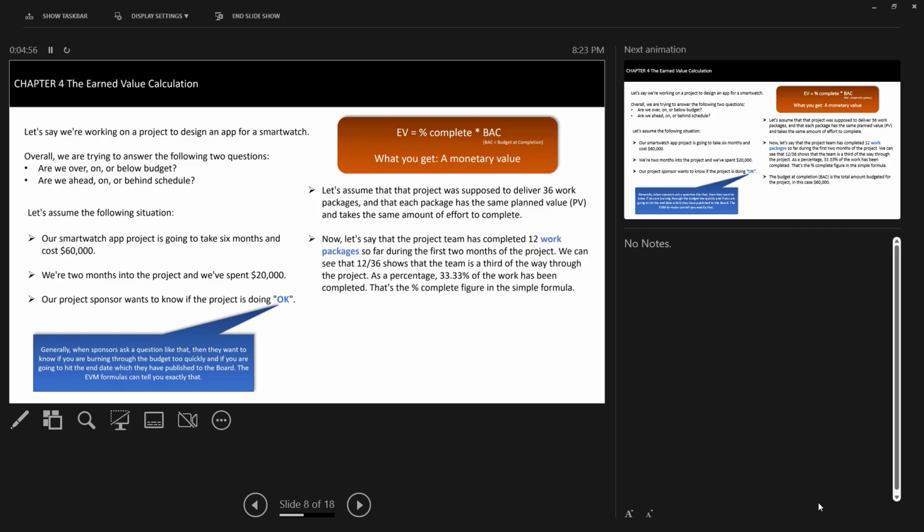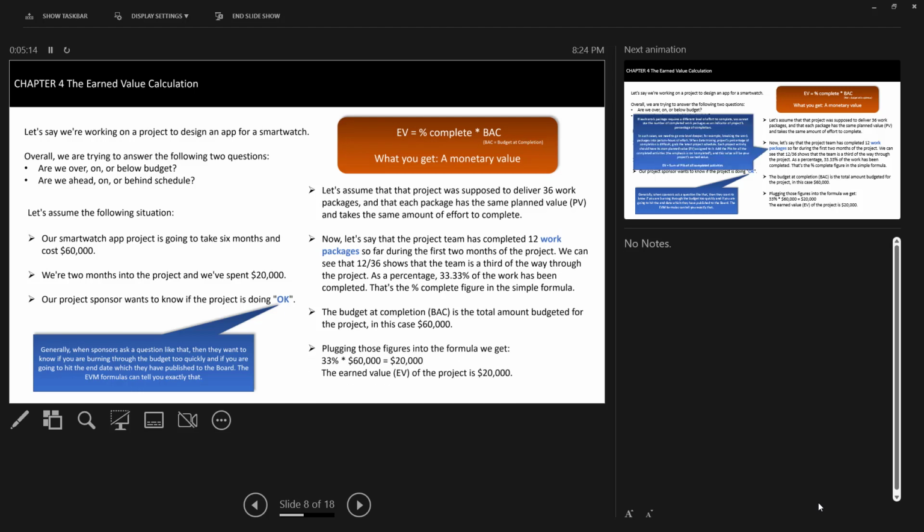Let's say the project has completed only 12 out of those 36, which is approximately 33.3%. So how much is completed? 33.3%. The budget at completion was 60,000, and this is how you would apply it in the formula, and your earned value would be 20,000. This is a scenario of a particular project and how you would get the earned value.